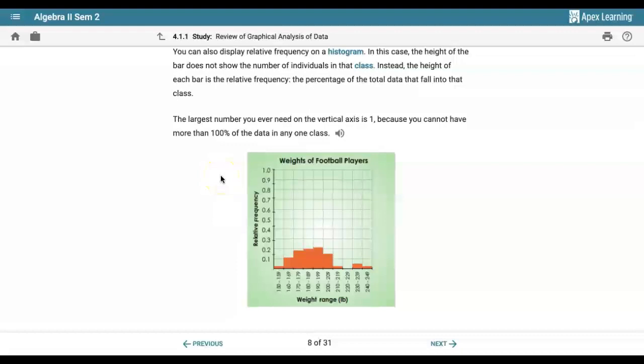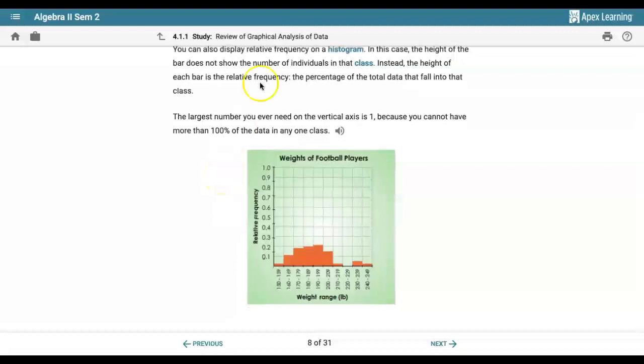So it's going to be out of 100%, from 0 to 100, 100 obviously being the total of the entire thing. And when we add up all of these bars, they should get us to 100 if we're representing our entire data set.